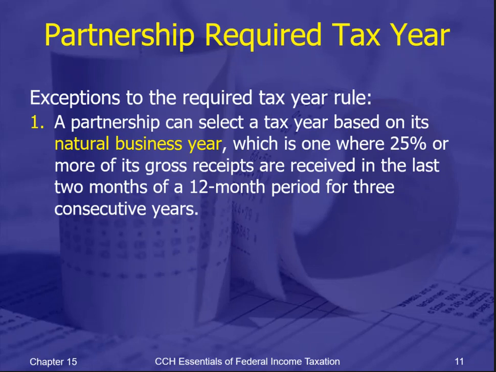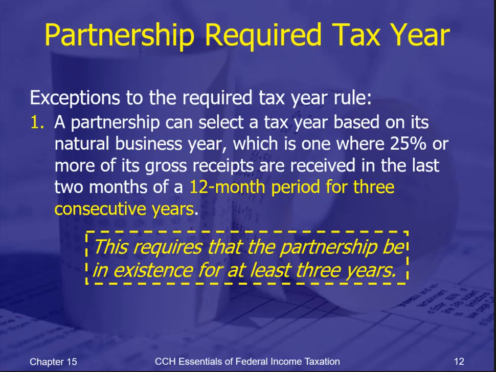This is basically to use a fiscal year if, for instance, you were a ski resort and all of your income is happening in the wintertime. You would not want to have your tax year end in the middle of your ski season. You'd rather have it end, say, June 30th, so you don't have to worry about all that stuff at the same time as you have your busiest time of the year.